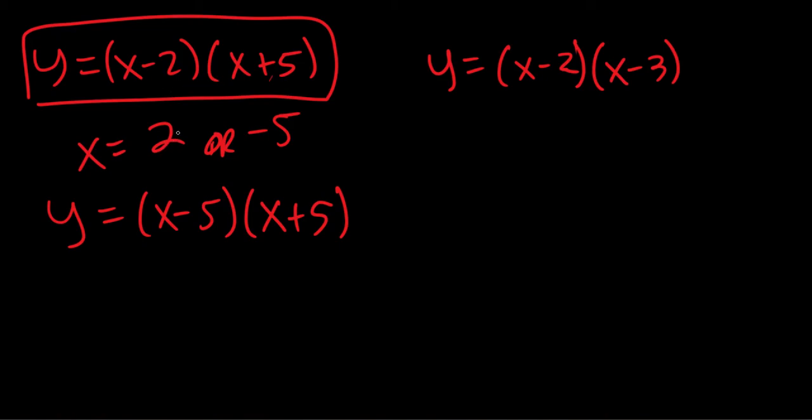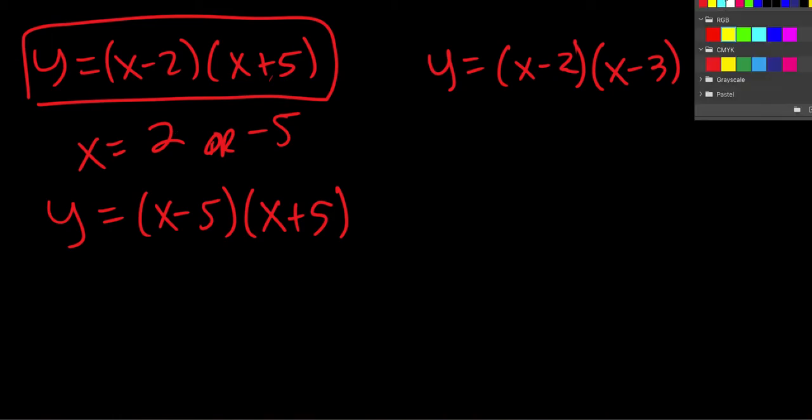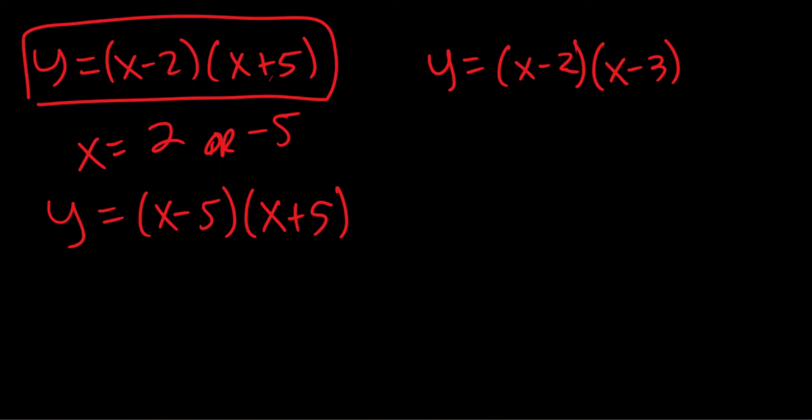Now, what you can always fall back on though, even if you have a number out in front, is you can take these and set each piece equal to 0. So I'll show you that on one of these other ones that I have more room to work that out.